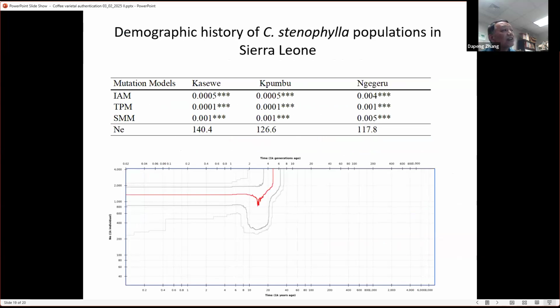We also show that the population is really in danger, because at the top, we show that the species has a very low effective population size.